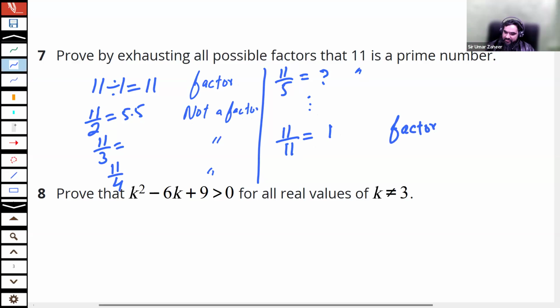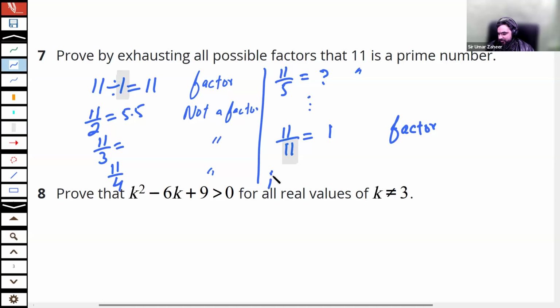So look here, this number has two factors. 1 is a factor and 11 is a factor. If any number has only the factors 1 and itself, that number is known as a prime number.